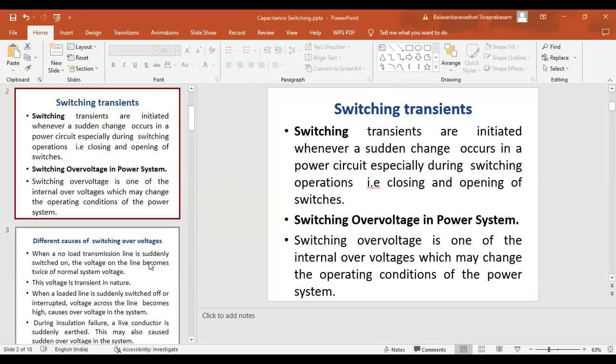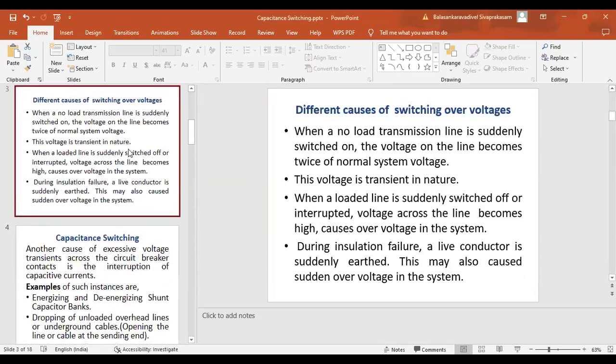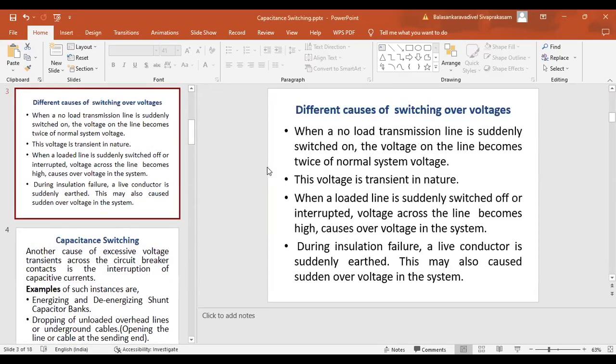Let us see the different causes of switching overvoltages. First, when a no-load transmission line is suddenly switched on, the voltage on the transmission line becomes twice the normal system voltage, and this voltage is transient in nature.